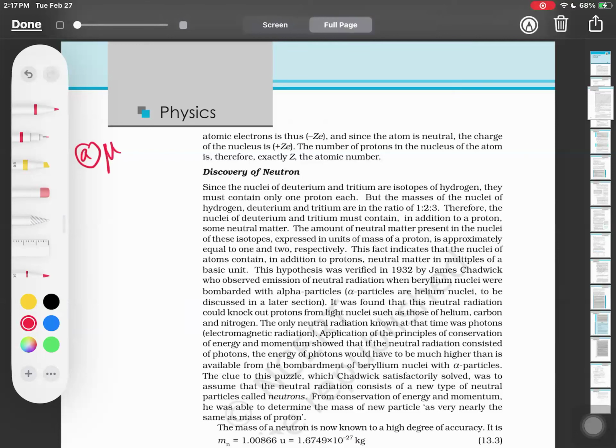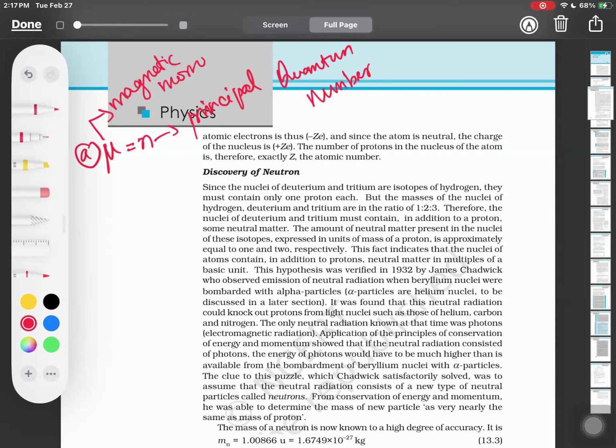The magnetic moment is characterized by a letter mu, of a revolving electron around the nucleus, and it varies with the principal quantum number, which is designated by a letter n. So there are four options.